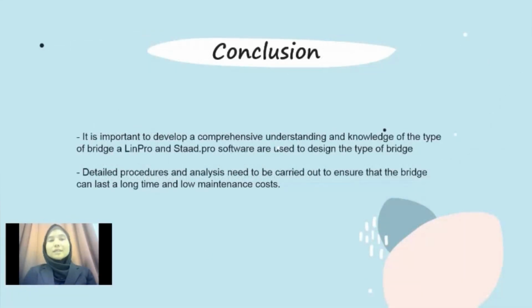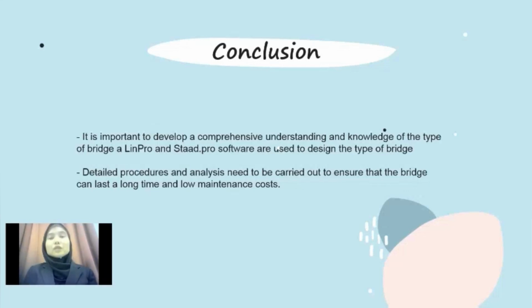So for the conclusion, in order to provide sustainable design service as bridge planning, it is important to develop a comprehensive understanding and knowledge of the types of bridge and how they are constructed using existing construction technology.